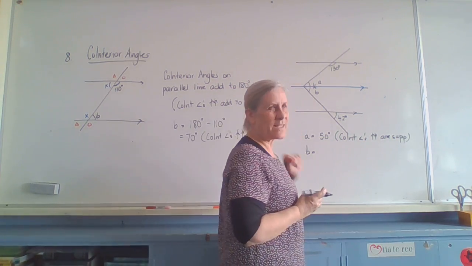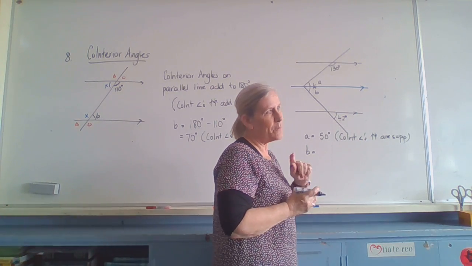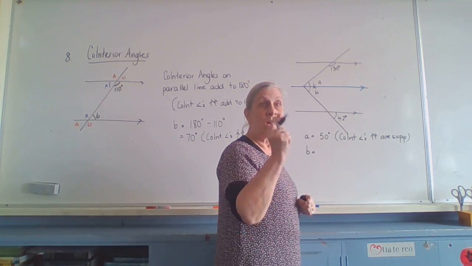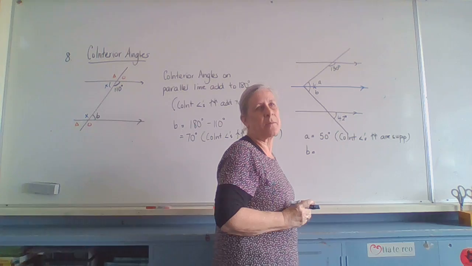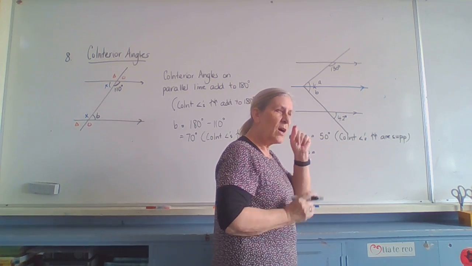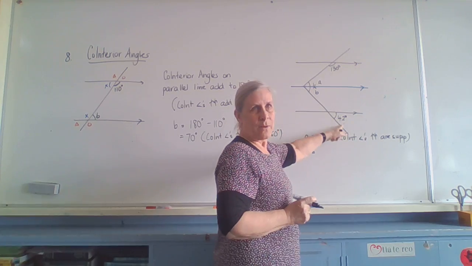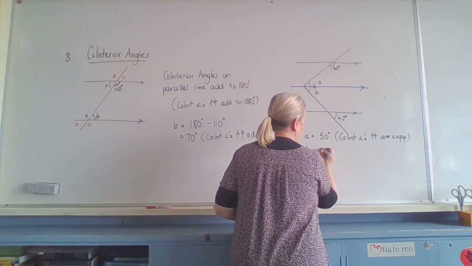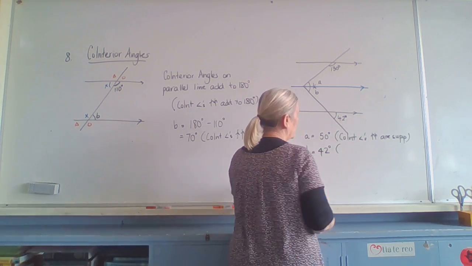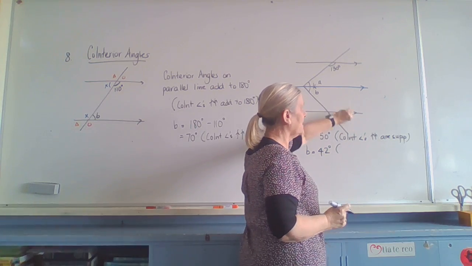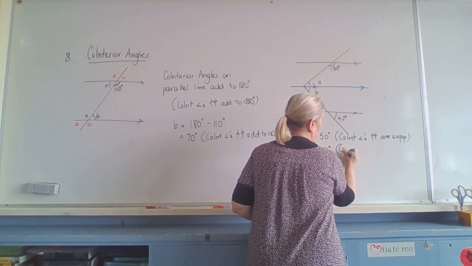138. Does it look like it's 138? Okay, we need to use our eyes as well when we're guessing. It's a good guess because it definitely matches the numbers up there. But using our eyes, what would it be? 42 degrees because it is a what? Same place, corresponding.